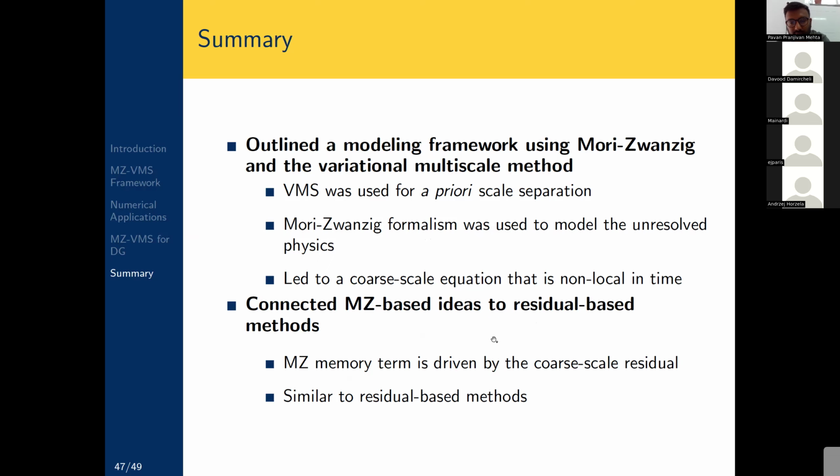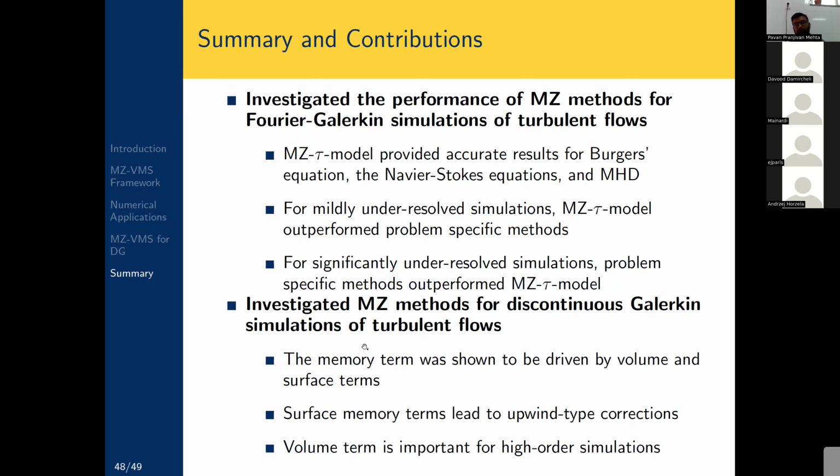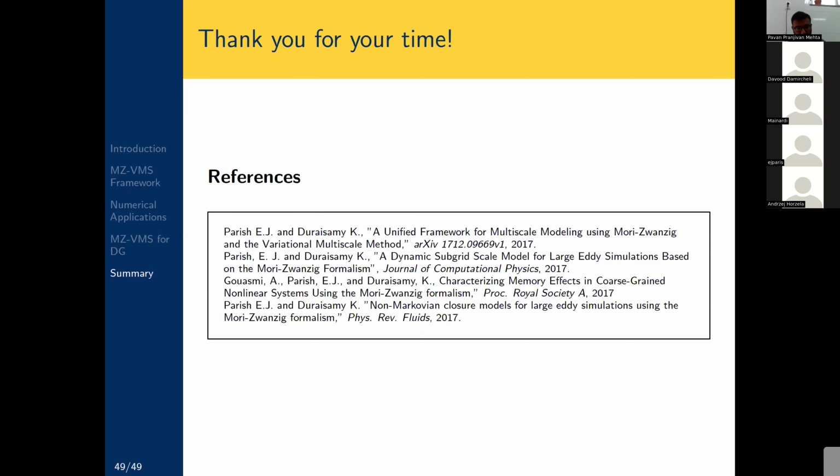In particular, there are a lot of commonalities between MZ models and things like adjoint stabilization, which is well known in the finite element community. Then I showed you a bunch of numerical results, whose takeaways I think we covered pretty well in the talk itself. I'll stop in the interest of time, and thank everyone for their time.